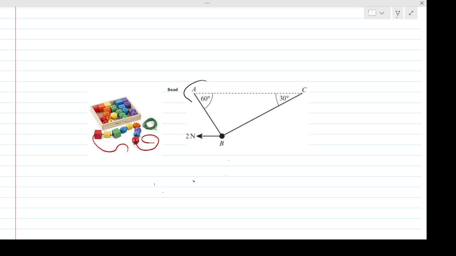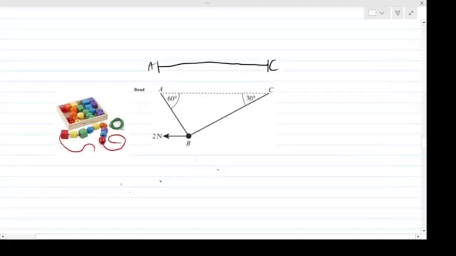So in this diagram here, this is an example of a bead. Initially, let's say we have either end of the string at A and C. What we're saying here with a bead is that the bead can literally pass through and move between the string from point A to point C, the either end of the string. It can move forwards and backwards.